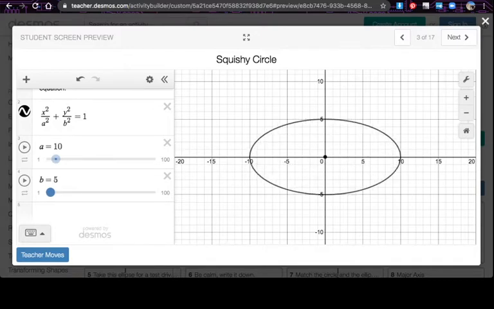So if I stretch it to b is 5 and a is 10, I get that. If I make b 5 and a 6, let's see if I can get that, there we go. That's what I was trying to draw on the chalkboard. So basically, just changing those values, the a and the b, stretch your circle out. That's one important thing to know. It's the equation of a circle, but squished. And those a and b values are important.